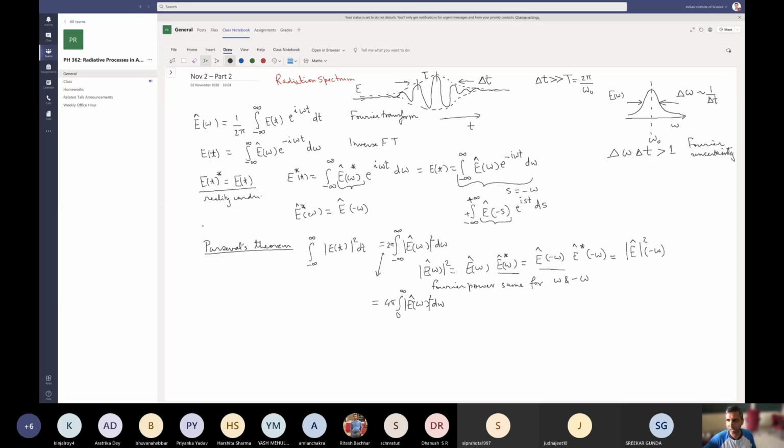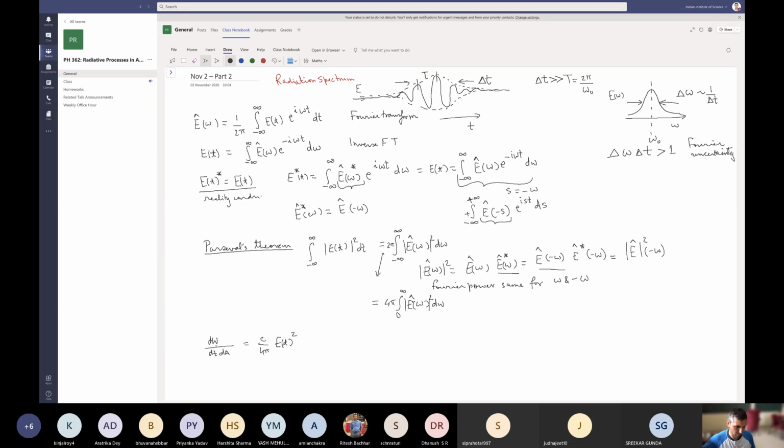Let's see. Now we want to connect all this to, we actually want to relate this E squared, obtained through wave and electromagnetic theory, to specific intensity, for example. So we have dW by dt dA equal to c by 4 pi E(t) squared.